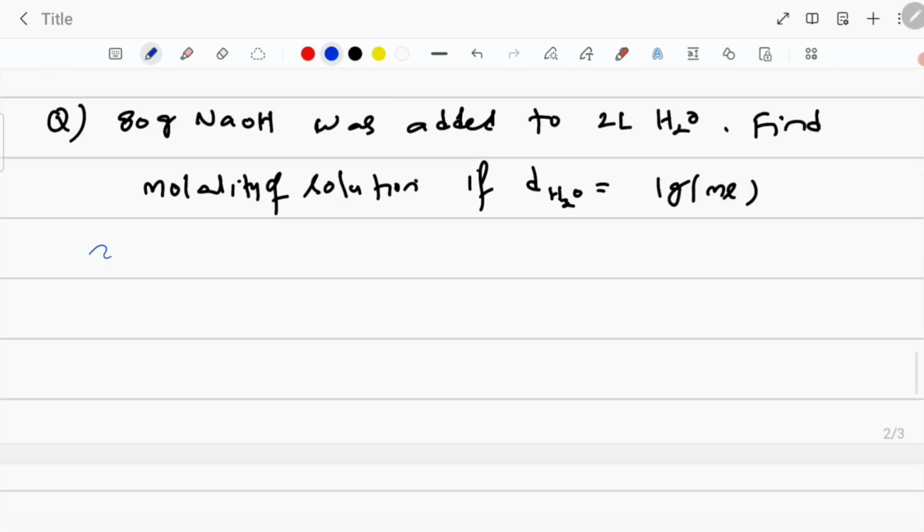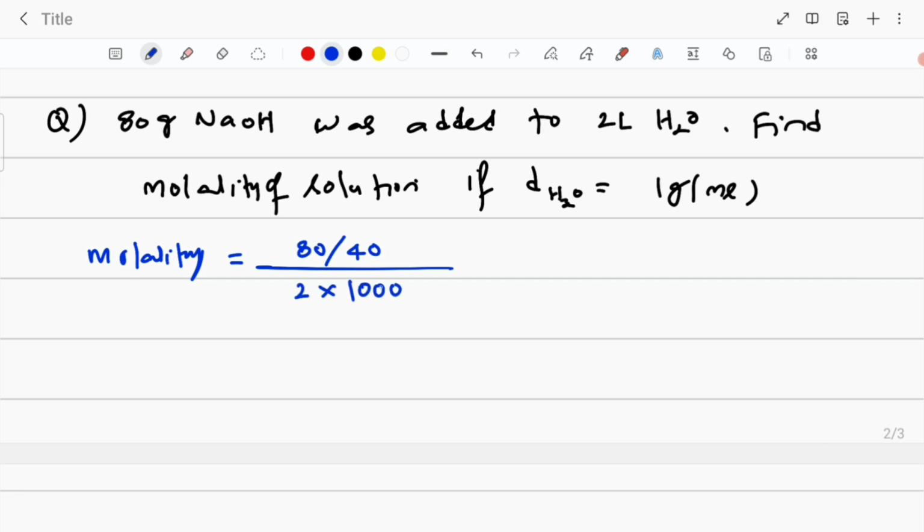So how do we need to proceed with this? We know the molality formula. Molality is equal to 80 by 40, because 80 grams of NaOH is given and 40 is the NaOH molar mass, by the weight of solvent. See what they gave: solvent volume and density.